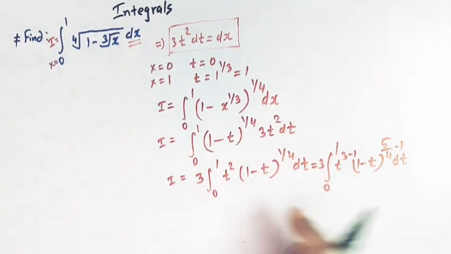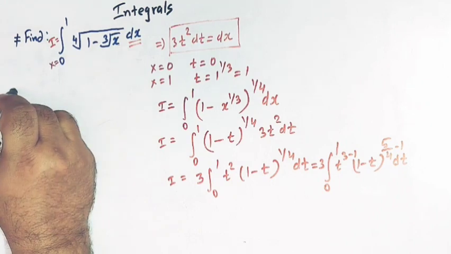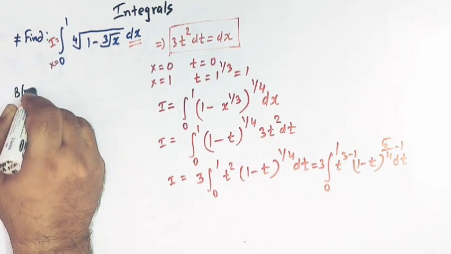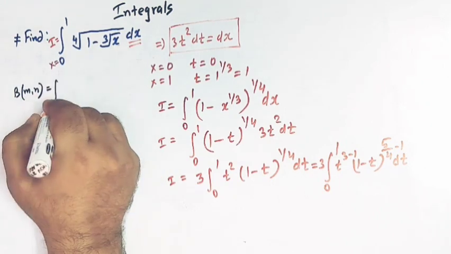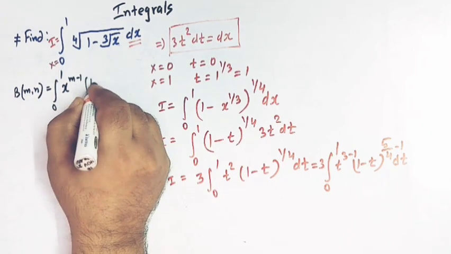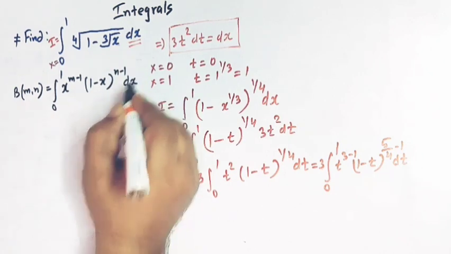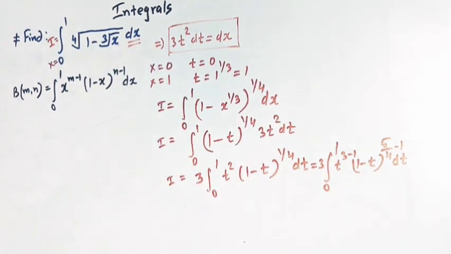So we have converted this integral into a beta integral because we know that beta of m, n is given by the integral from 0 to 1 of x raised to m minus 1 times (1 minus x) raised to n minus 1 dx.